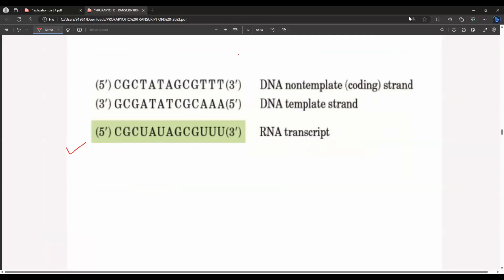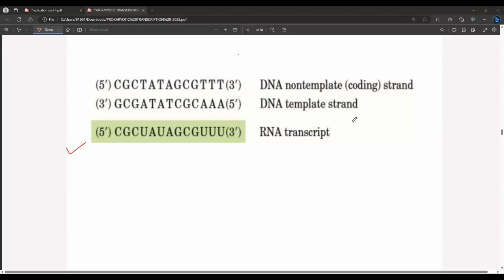Okay. Now tell me, all the students, tRNA is in which direction? tRNA is synthesized in which direction?